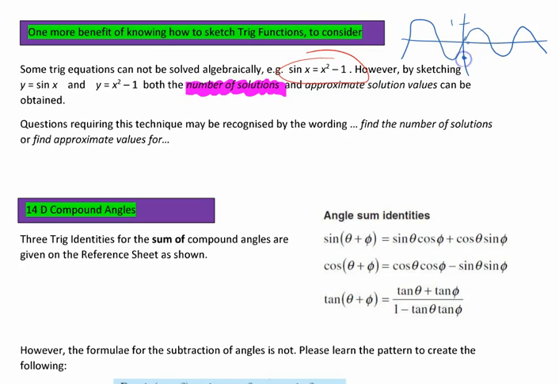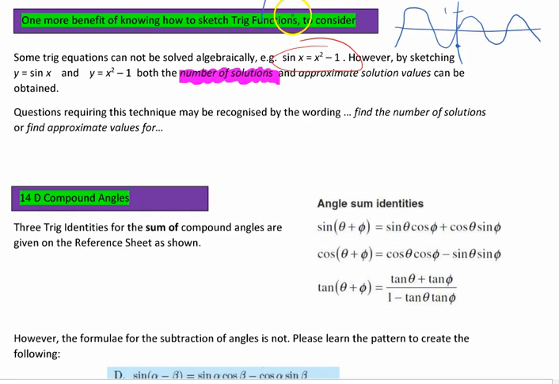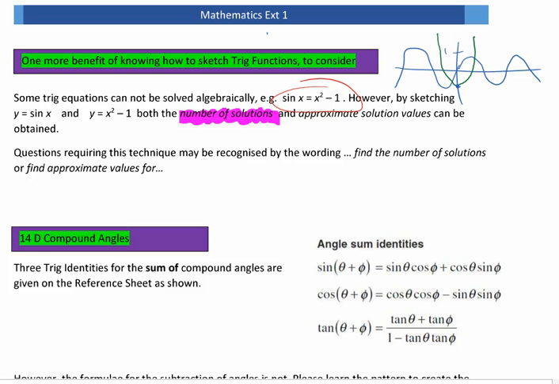It's going to cut at minus 1. And you could see there that there would be two possible solutions there and there.